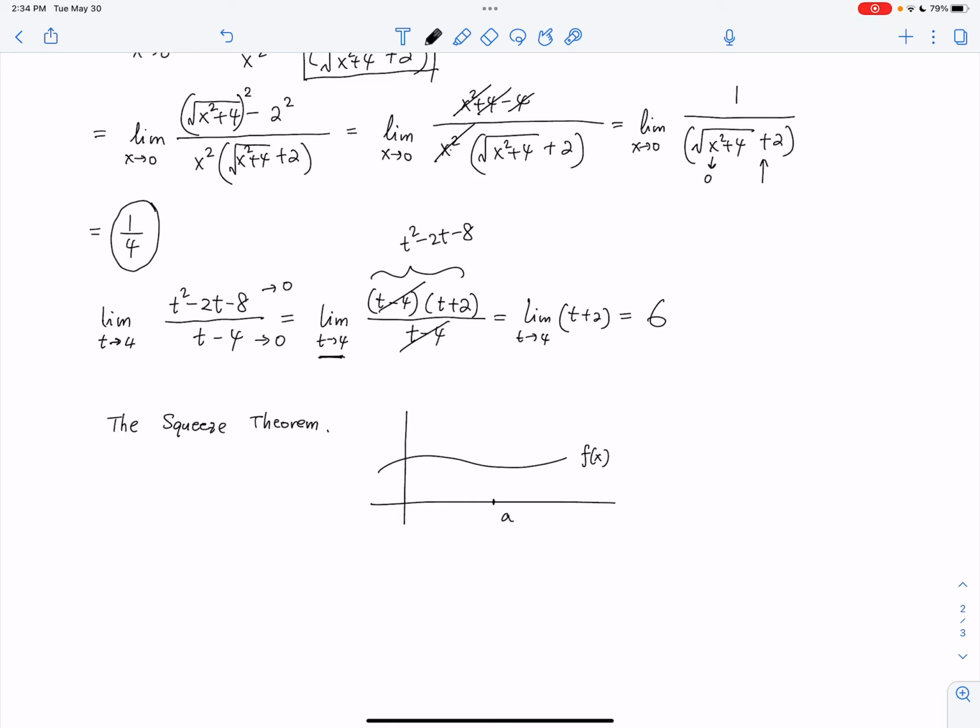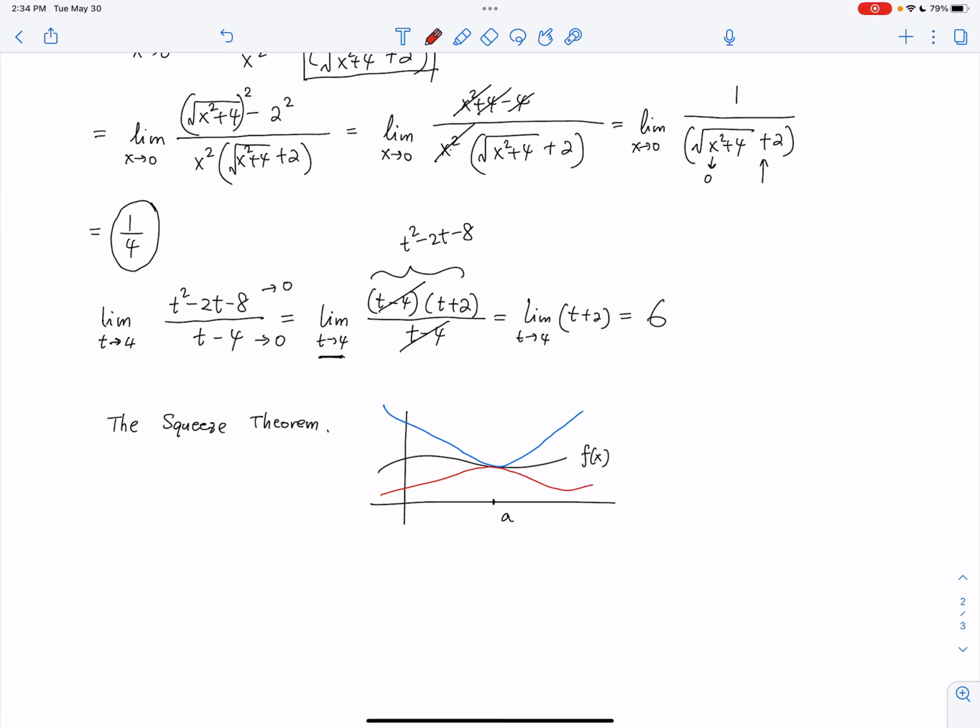Okay. Now, what you know is you have two other functions. One is the blue one, which is always higher or bigger than your f(x). And the other one is the red one, which is always lower, smaller. Okay?